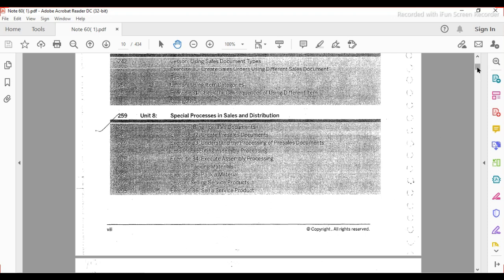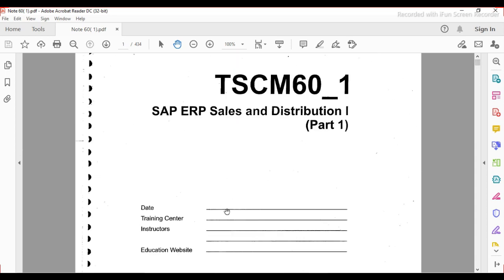Before I start the unit 1 chapter, I would like to tell you how I will upload the videos. Every unit will be in parts. The first one will be the theoretical part, where I will explain each and everything from the book, and then I will do all the customizing in the system. Then we will also see the real transactions in the system, how we do the customizing, as well as creating the customer or maintaining the organizational structure.